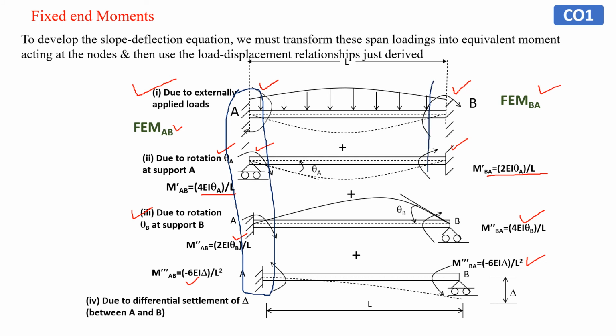Similarly for B also, the sum of all moments acting over this. So these will be our final moments for A and for B.